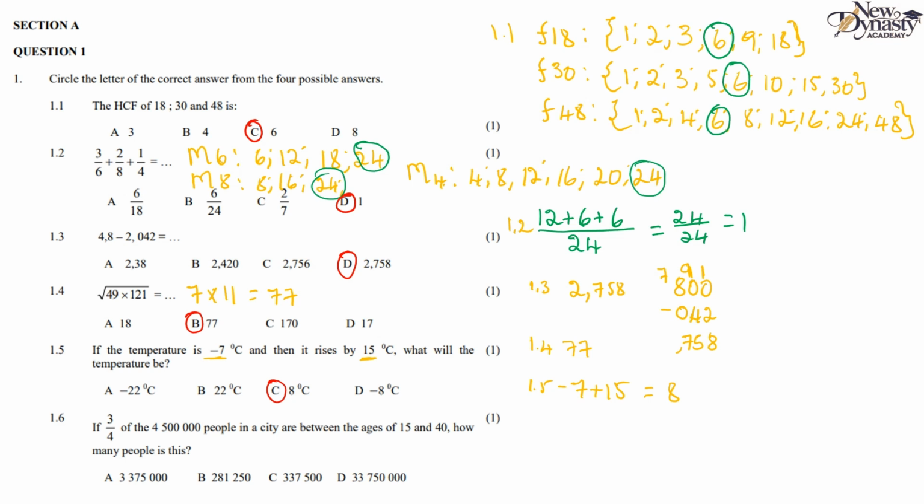Take out your calculator, say 3 over 4, then multiply that by the big number, 4,500,000. It gave me 3,375,000. I see that is option A. Option A is going to be our correct answer for 1.6. Yes, and that's how easily you should do your mathematics.